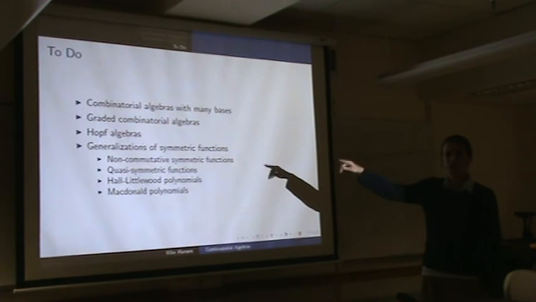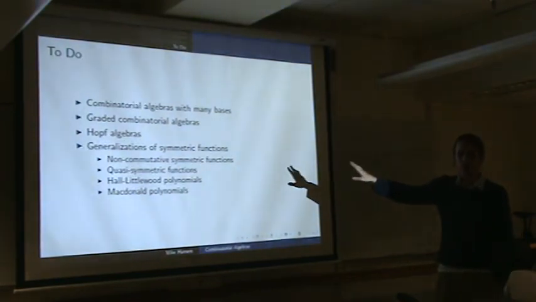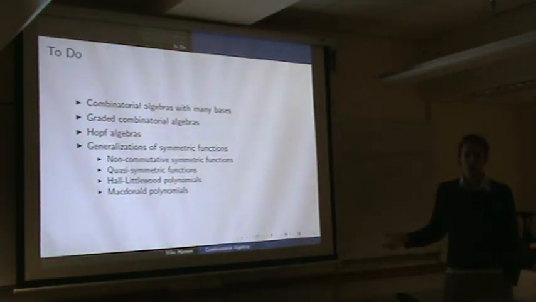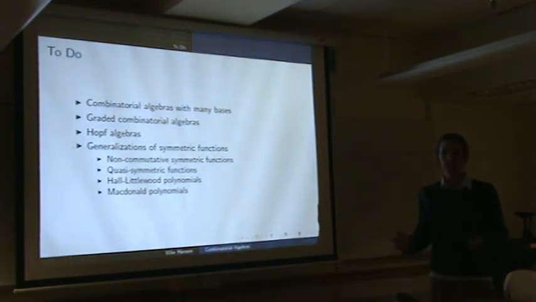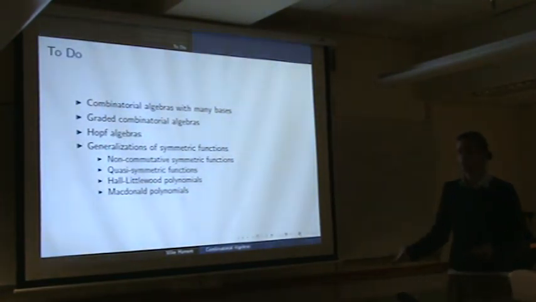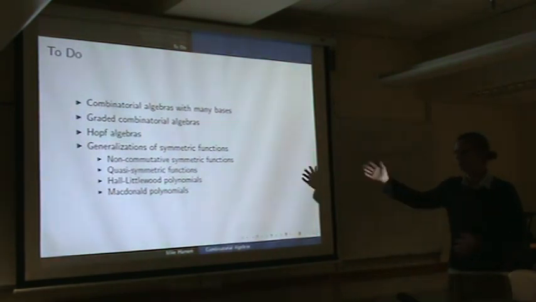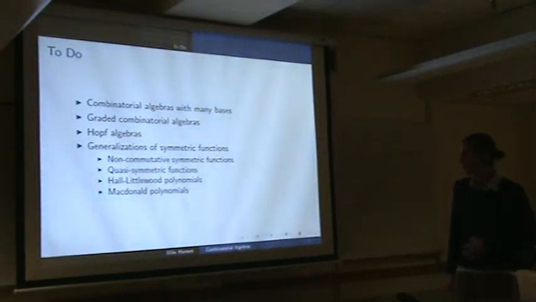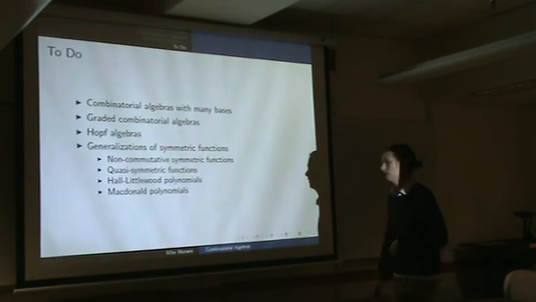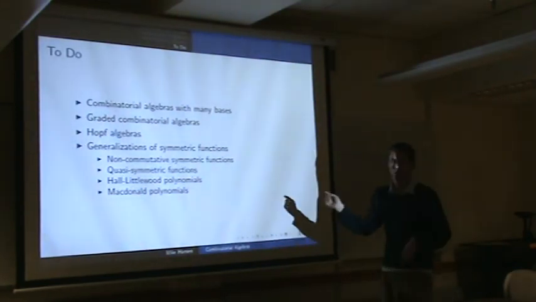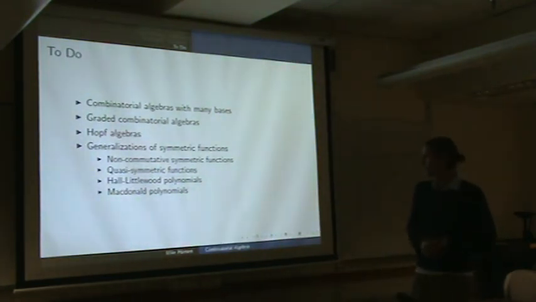For all the classical bases I showed, all of the arithmetic and multiplication is done using Symmetrica, and so Magma also uses Symmetrica for handling its symmetric functions. But Magma doesn't have Hall-Littlewood polynomials or Macdonald polynomials.